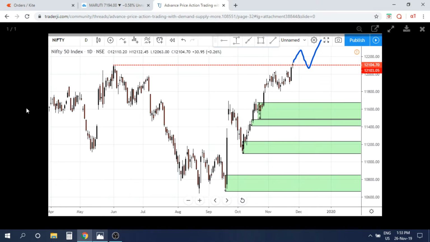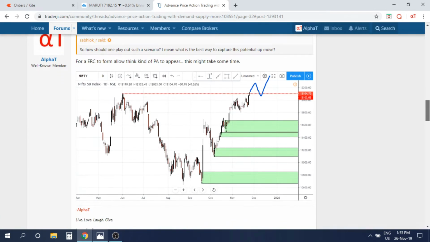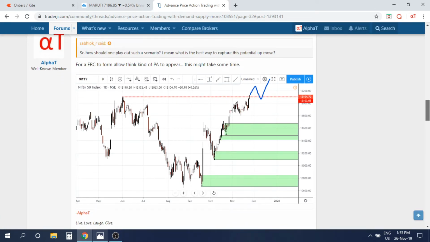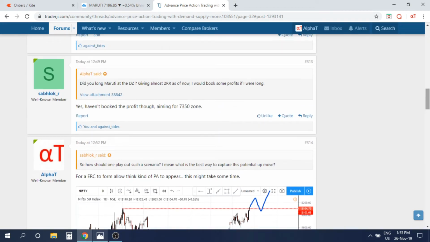This is evident from certain questions that I get, that people have been skipping videos, not watching them completely, so they miss the finer points talked in between. Right, so this is what could play out. Let's see what happens. Price action is pretty dynamic in nature.